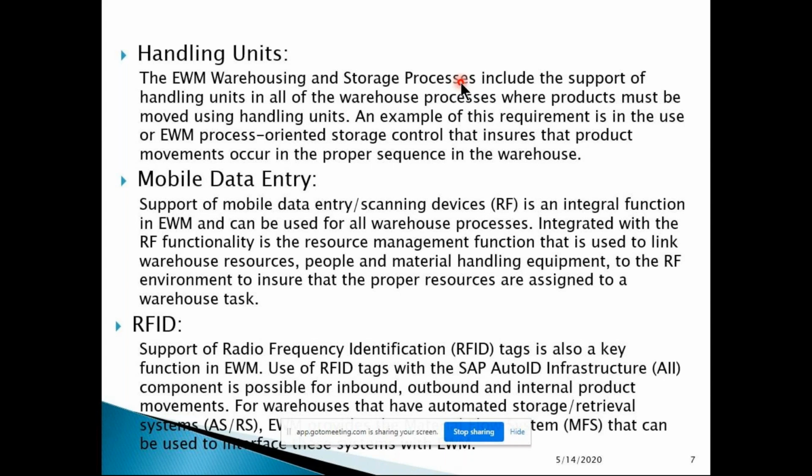So the whole scanning operation is executed using RF devices, and these RF devices are part of mobile data entry. That is one of the key functionalities, and every warehouse will have these RF devices. We will see how this is set up and configured, and how the work is assigned to the people who are working in the warehouse.